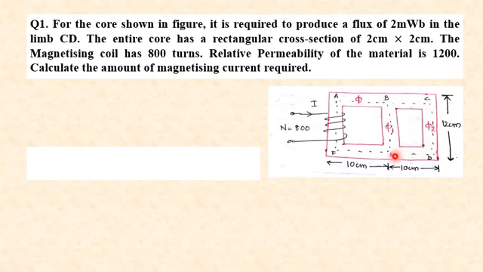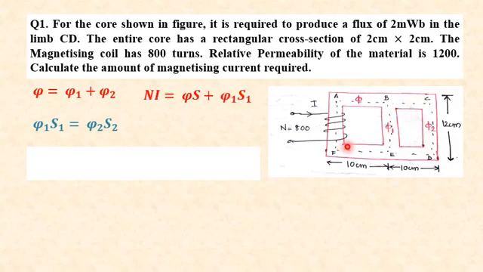Since this is a parallel magnetic circuit, we have four basic equations. First, the total flux is the sum of the fluxes, that is phi equals phi 1 plus phi 2. Second, the MMF of the parallel paths will be the same, that is phi 1 S1 equals phi 2 S2.